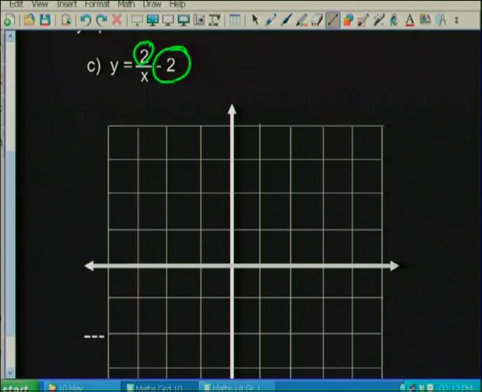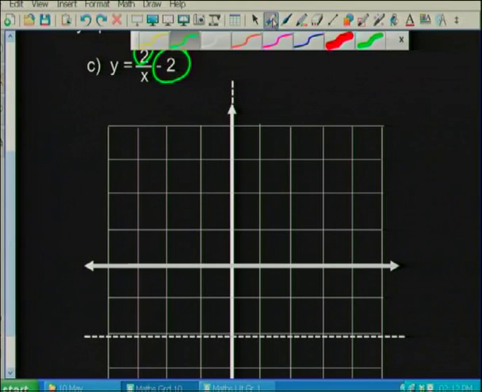I'm going to start by putting in the asymptotes. And let's use a dotted line. There's my horizontal asymptote. Not that we're going to see it, but the y-axis is my vertical asymptote.